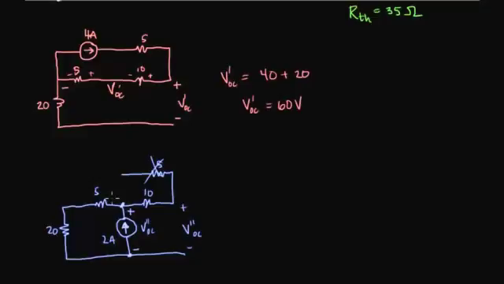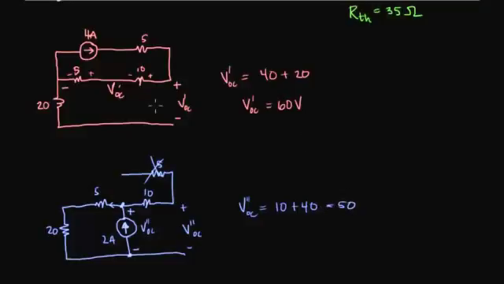So again, we'll make sure that we've got our polarity right. And you see that the polarity of this current tells us that the voltage is going to be in the same direction as the voltage V double prime. So V double prime then equals 2 times 5 plus 2 times 20. Okay, which equals 50.